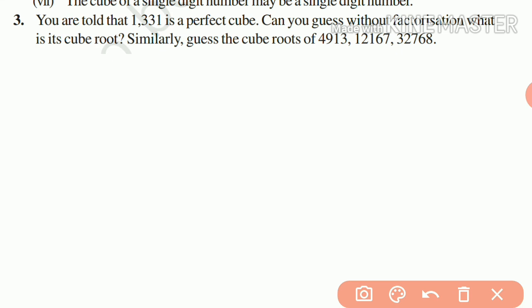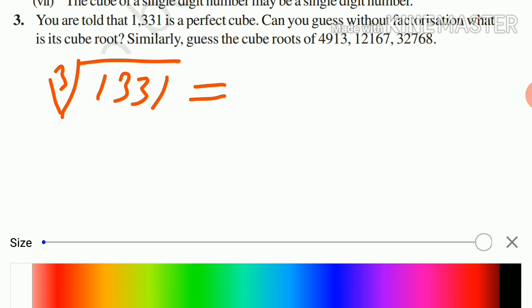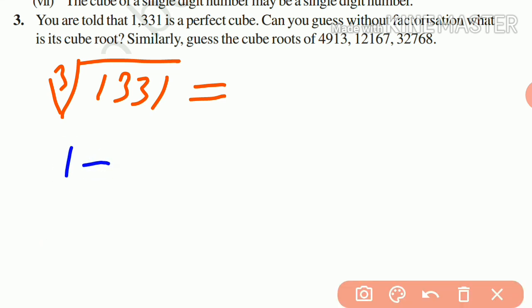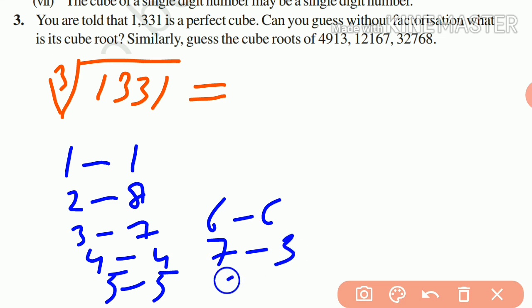Here the cube root of 1331 will be... our rule is that 1 corresponds to 1, 2 corresponds to 8, 3 corresponds to 7, 4 to 4, 5 to 5, 6 to 6, 7 to 3, 8 to 2, and 9 to 9.